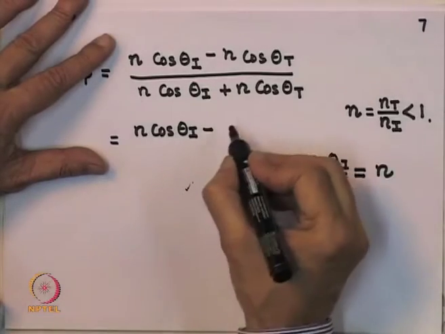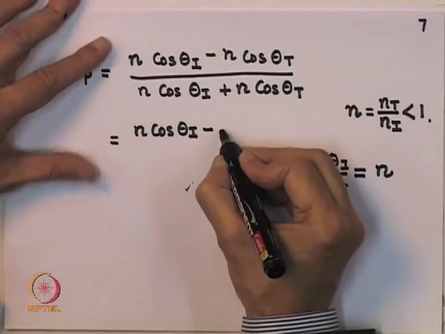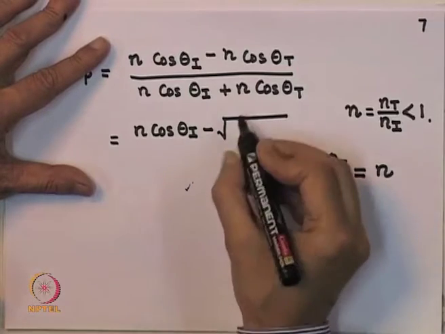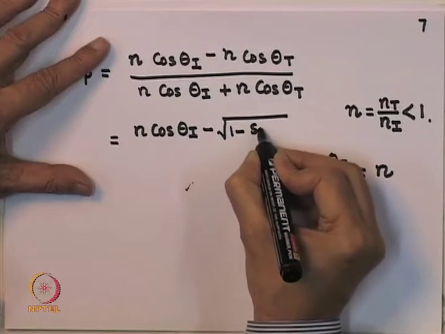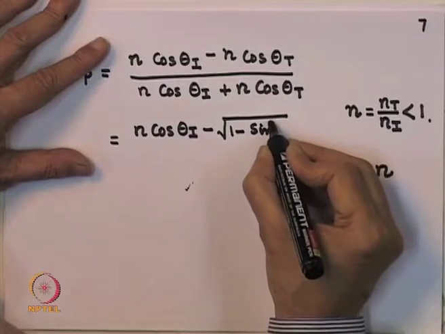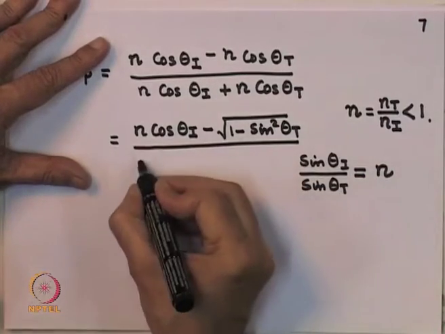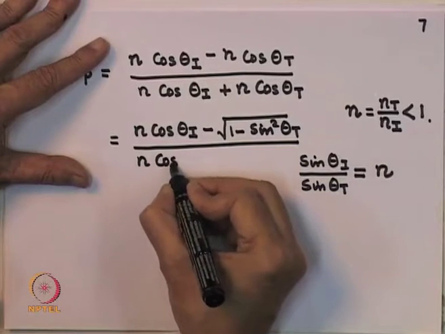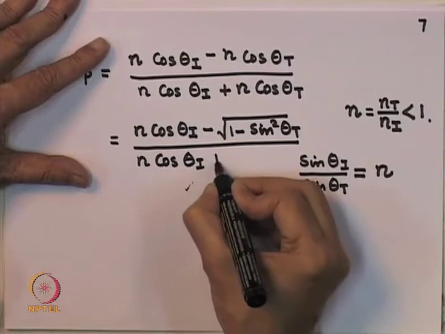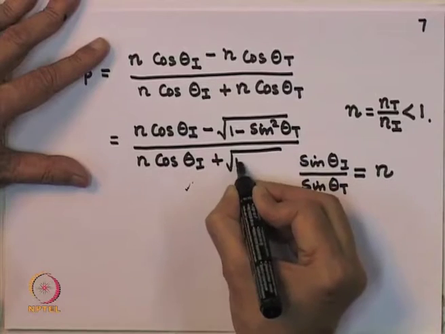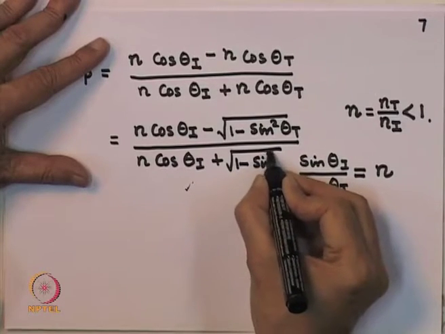So I can rewrite this as the square root of 1 minus sin square theta t. The denominator is the identical expression with a plus, n cos theta I plus root of 1 minus sin square theta t.